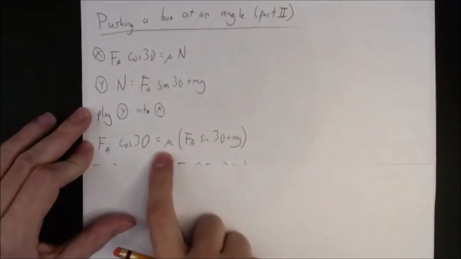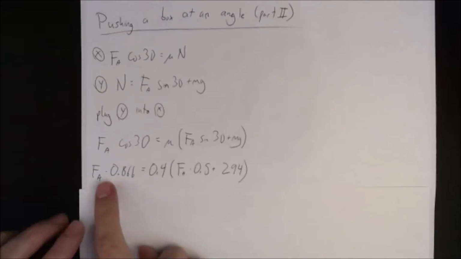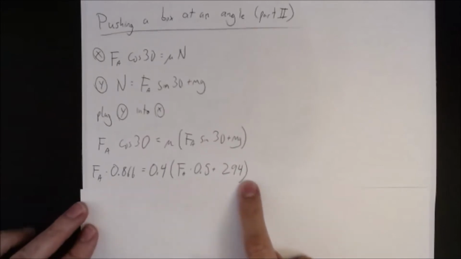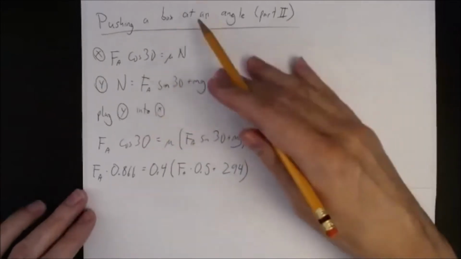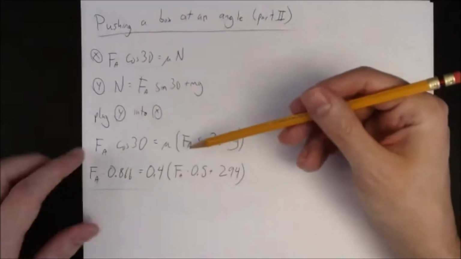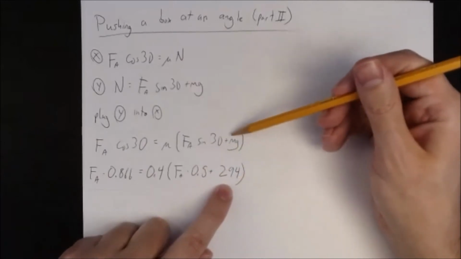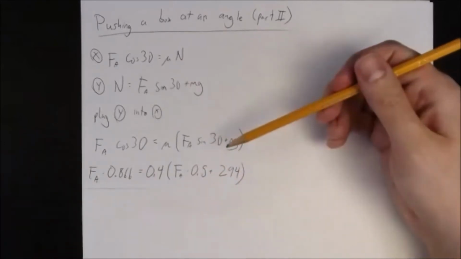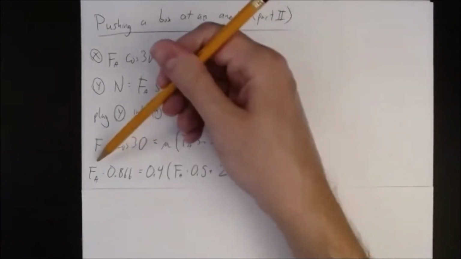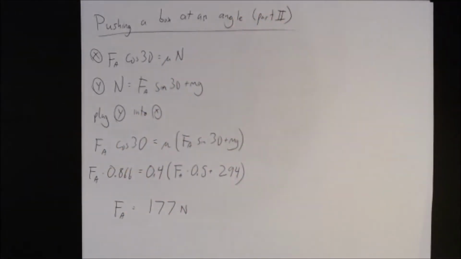cosine 30 is equal to mu times n, and we can plug in all the numbers that we've got in there. So cosine of 30 became 0.866, mu became 0.4, FA we still don't know in any case, sine 30 became 0.5, m times g, that's 30 times 9.8, that's 294, and then algebra that, and we get the force applied is 177 newtons.